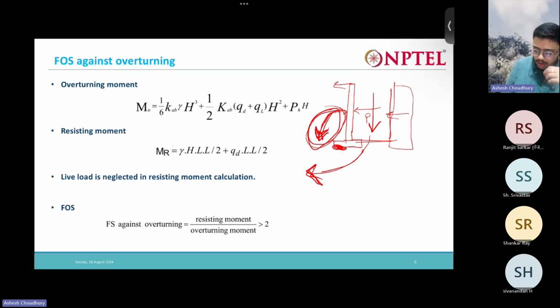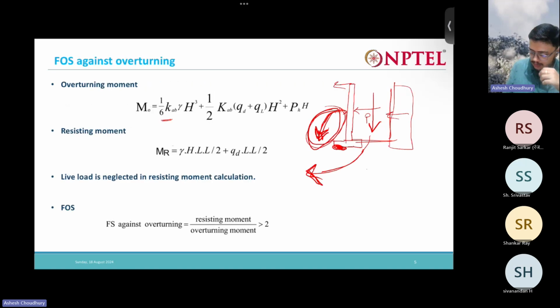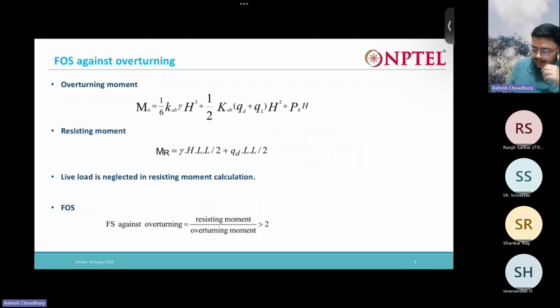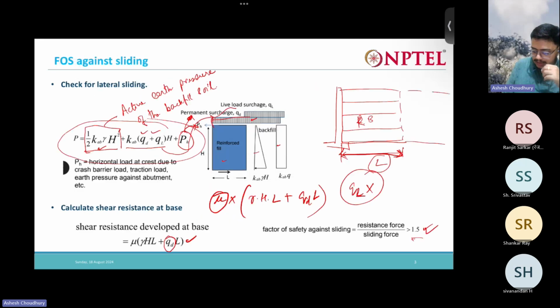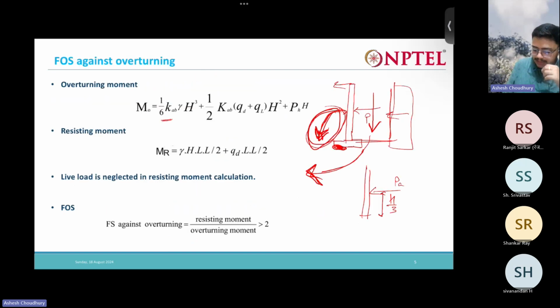So the overturning moment is calculated here. This P, due to the earth pressure, acts at a height of h by 3 from the bottom. So h by 3 times half Kab gamma h square gives you 1 by 6 Kab gamma h cube.